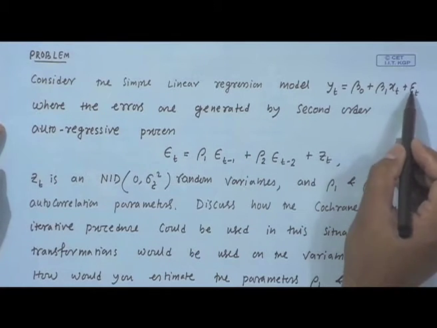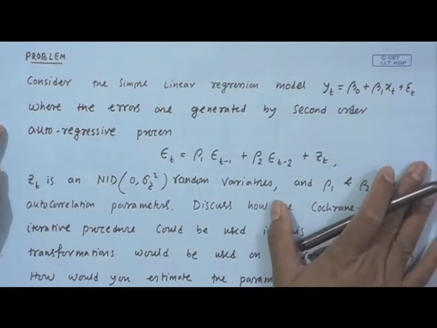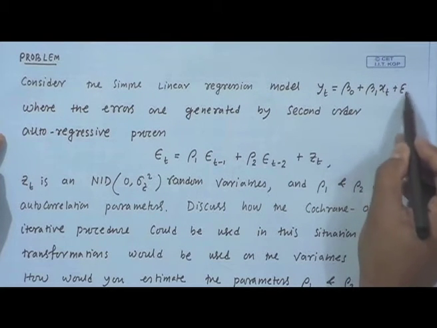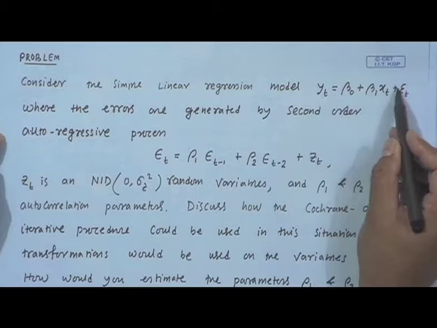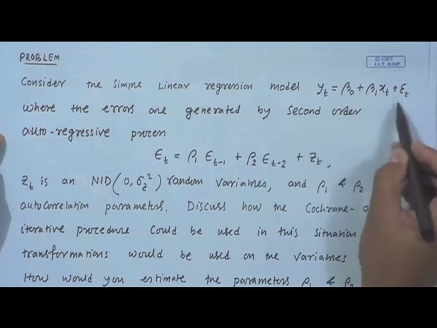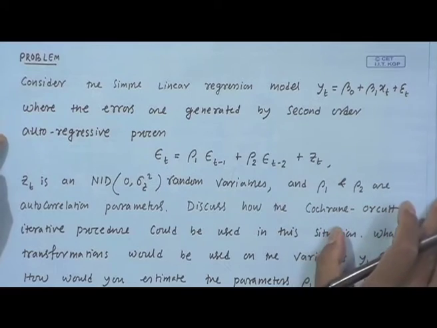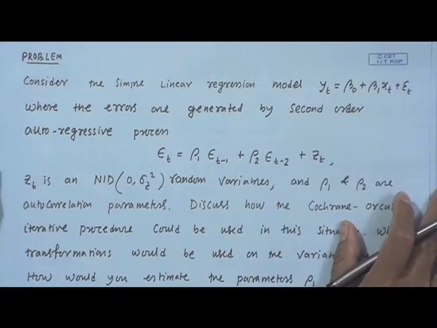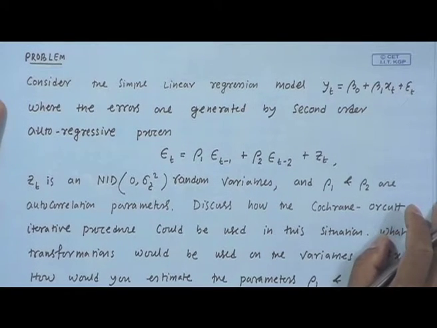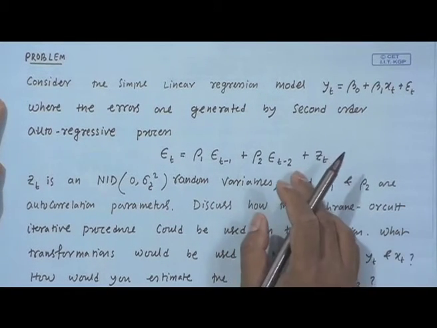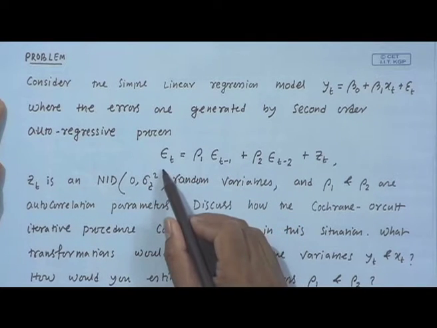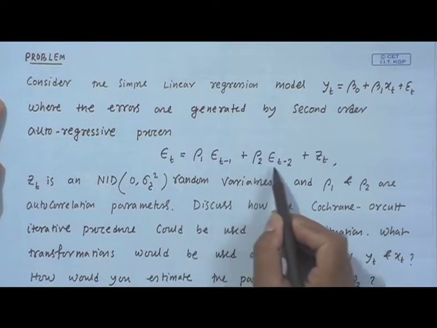And in case of time series data, we know that the epsilon t, the error terms, are not independent, they are basically correlated, and here it is given that the errors have a second order autoregressive relation.